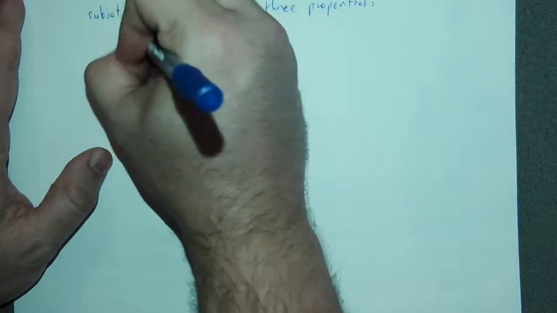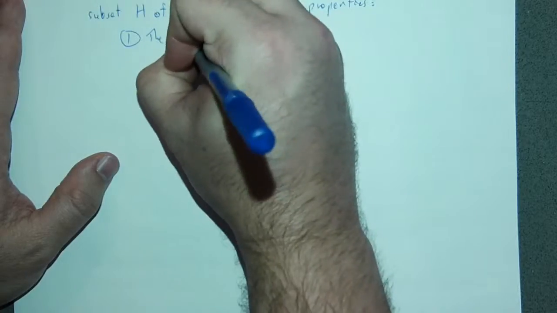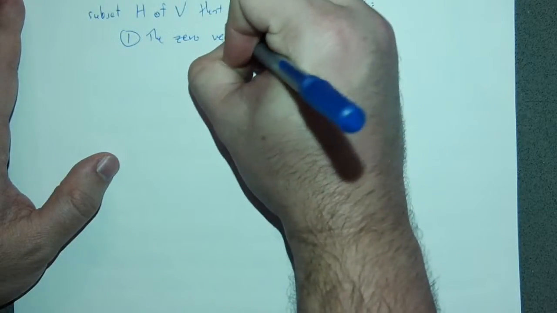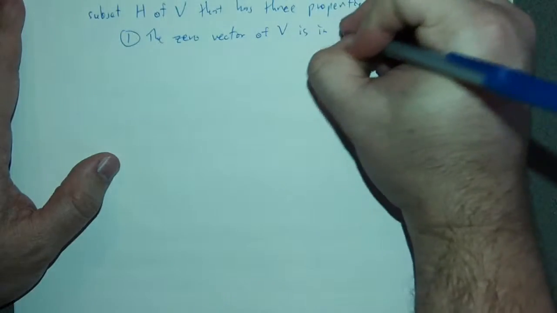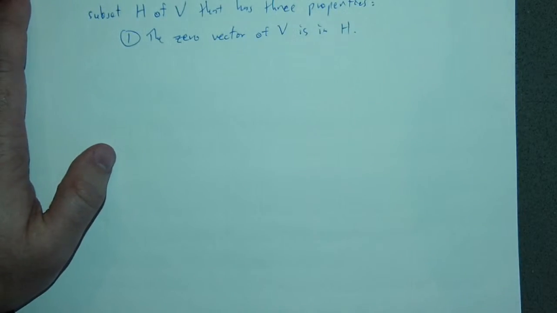First property, the zero vector of V is in H.